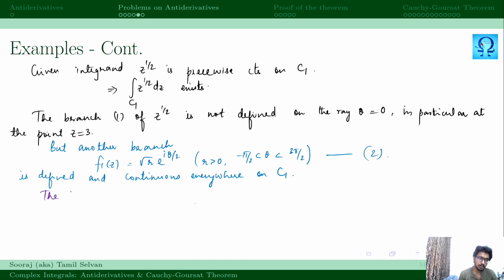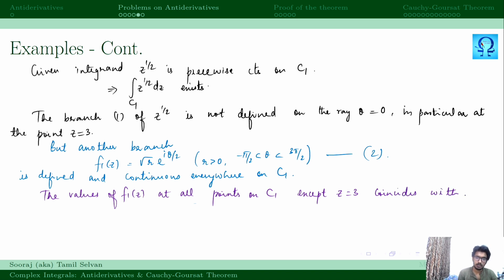That is, the values of f1 of z at all points on C1 except z equals 3 coincide with the values of f of z in equation 1, which means these two branches share most of their values.